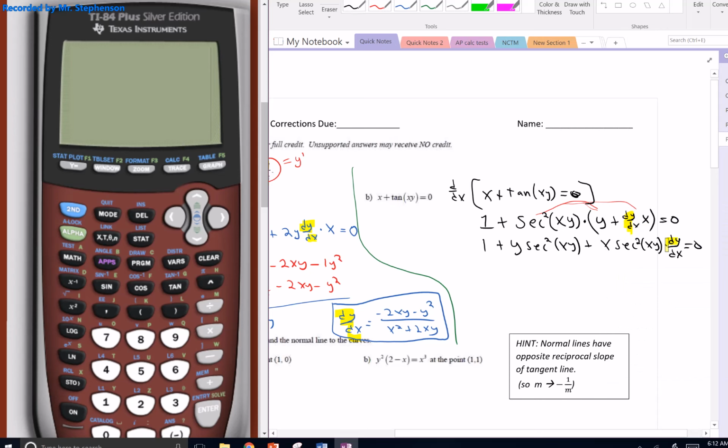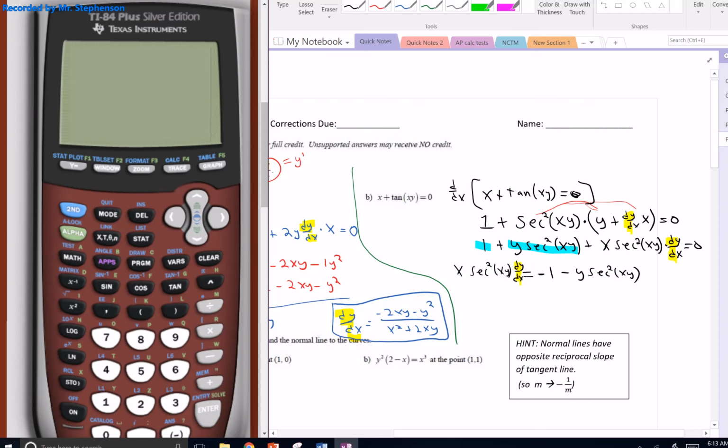Notice how I'm just keeping that at the end. It's the conventional way of writing it. And now we're going to move everything that doesn't have dy/dx to the other side. So we're going to move this guy and this guy to the other side, remembering that if I move them over there, they become negative. So it's going to be negative 1 minus y secant squared xy. And on the left-hand side, we just have x secant squared xy times dy/dx.